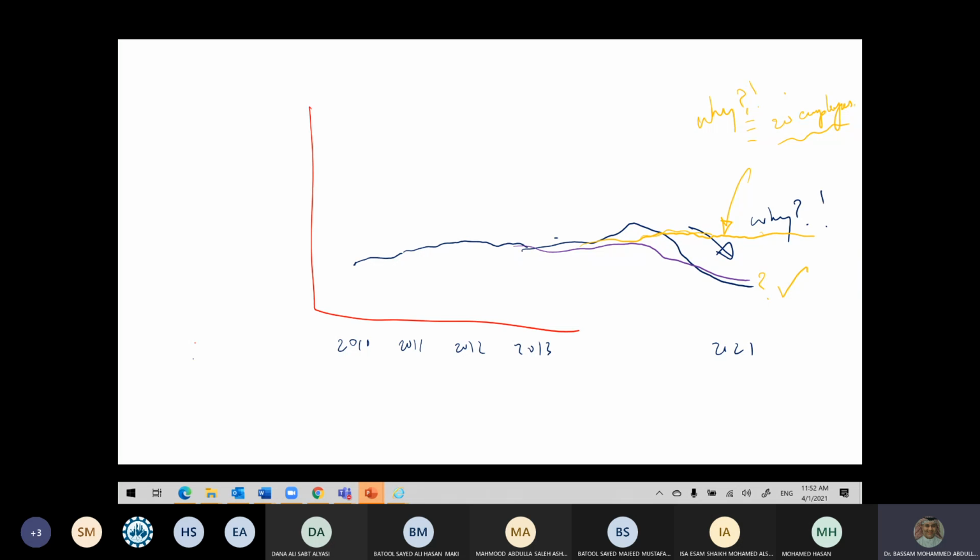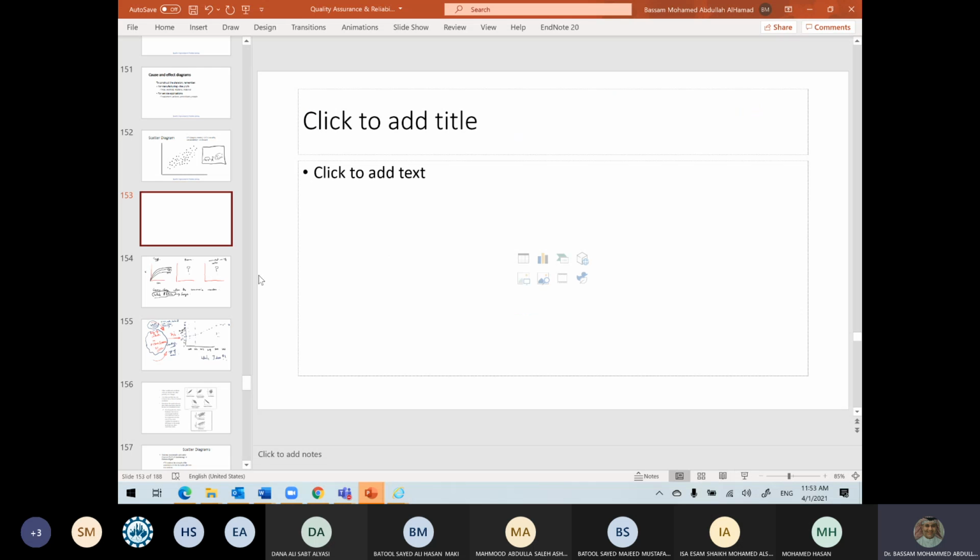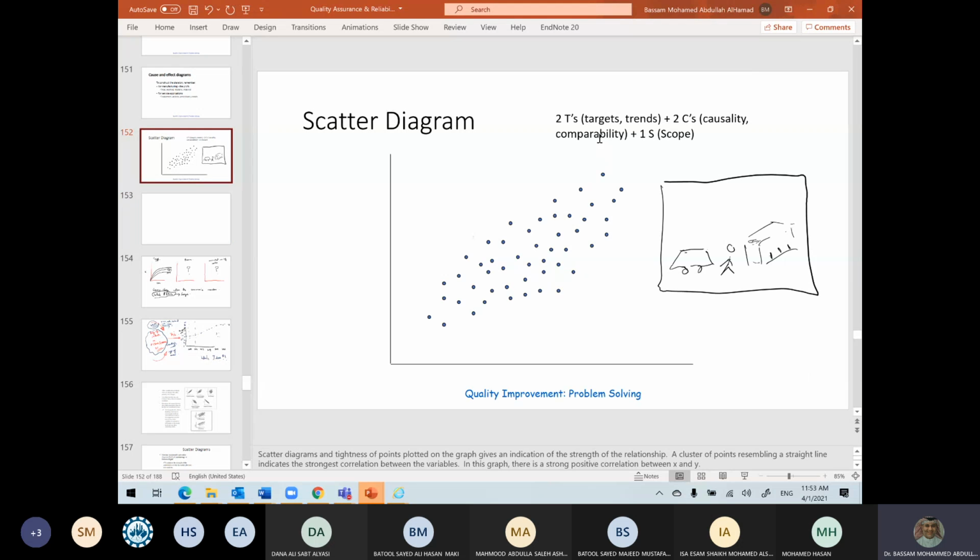And this is why their profit did not change, because in schools about 10% of the students left and went to government schools because they don't want to pay for online, and they think that the online is not effective, so they don't want to pay 3,000 or 2,000 per year. So that is the idea of what we have mentioned about the comparability.